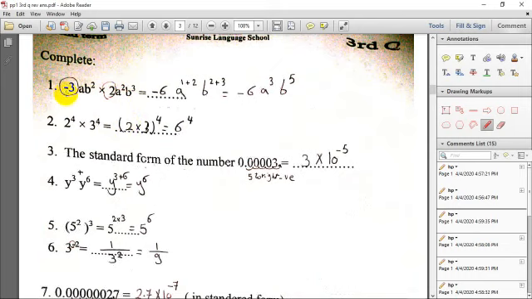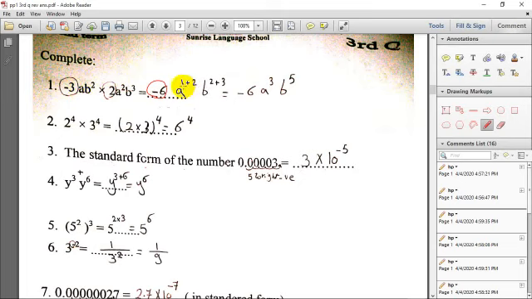Here, let's see this one. I have here negative 3ab^2 times 2a^2b^3. Here I have two monomials and I'm going to multiply them. How to do it? Take the numbers first. Negative 3 times 2 is negative 6. Very good. Then a to the power nothing.